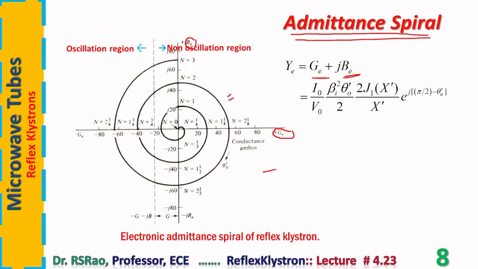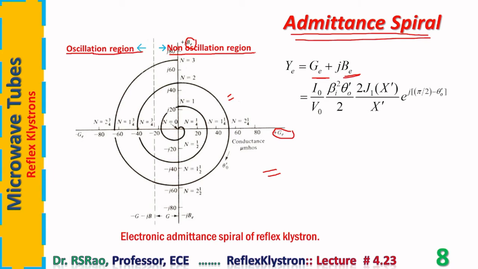As far as this diagram is concerned, 2 points require to be understood without miss. What are they? The total region of the graph is divided into 2. One is termed as oscillation region. Another is termed as non-oscillation region.